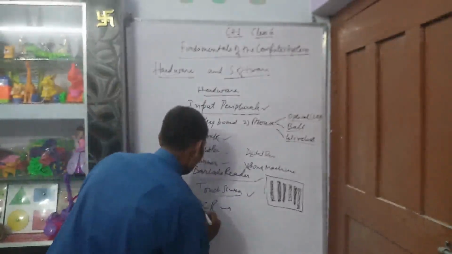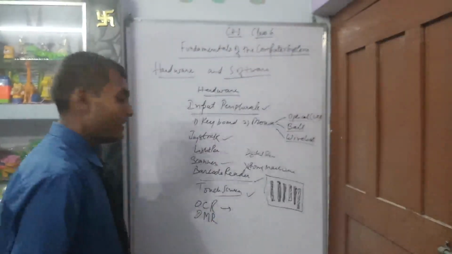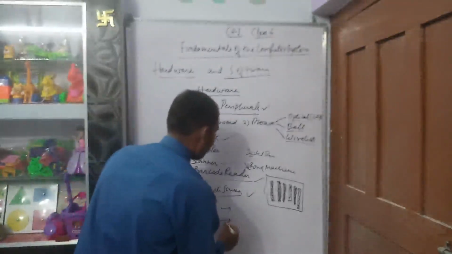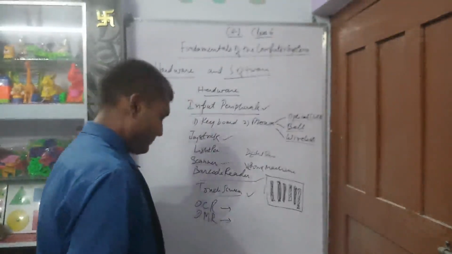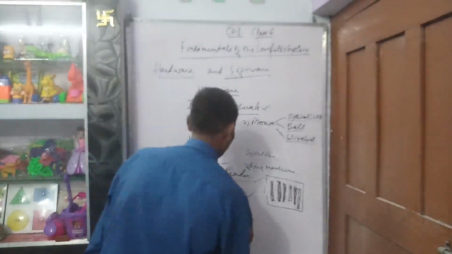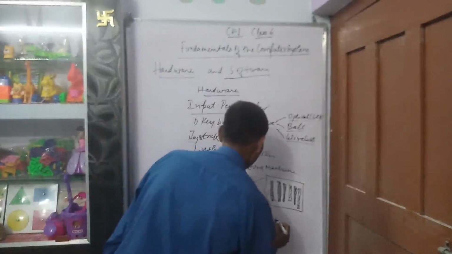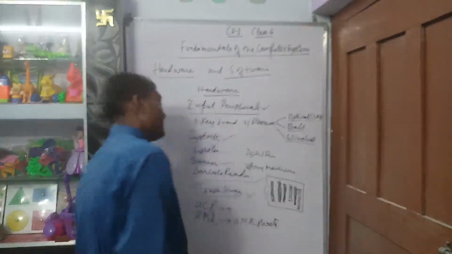Next is OMR, that is the optical mark reader. It is also an input peripheral device. All of you see it in the OMR sheets you use in your exams.